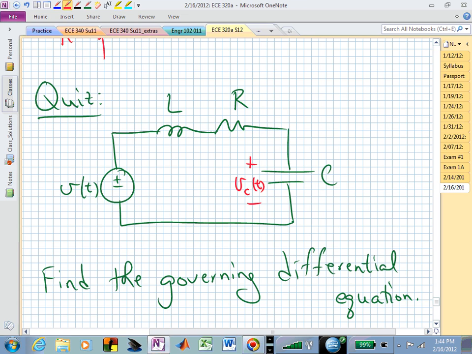We will, subsequent to that, learn how to take this time domain circuit directly into the frequency domain and use frequency domain techniques, which include algebra, to find the solution in the frequency domain, or at least an expression for capital V sub c.